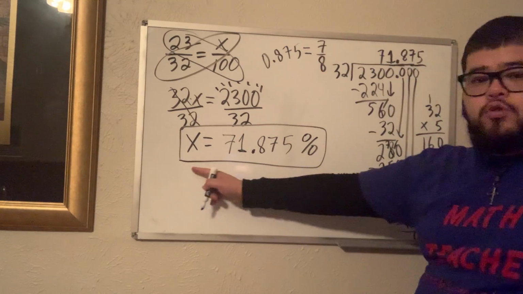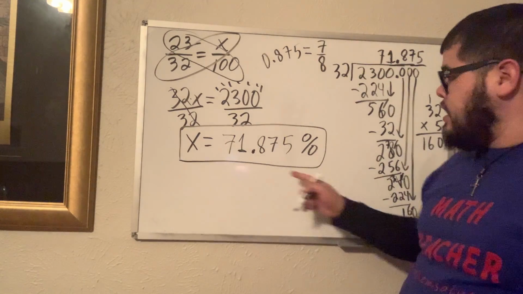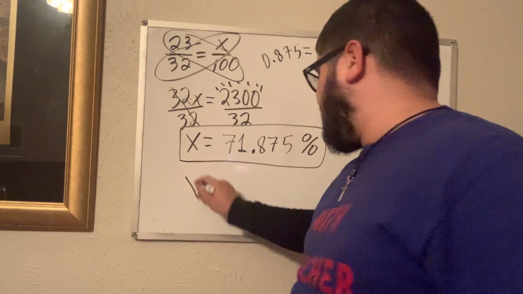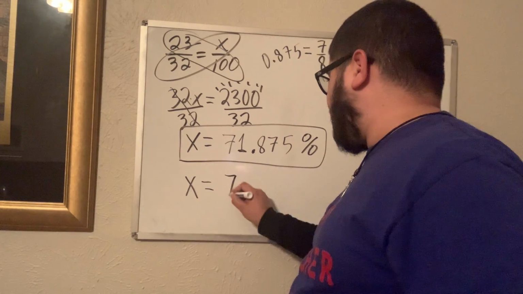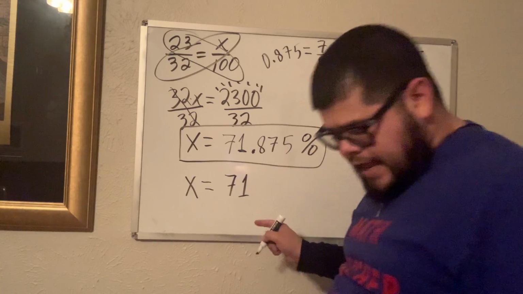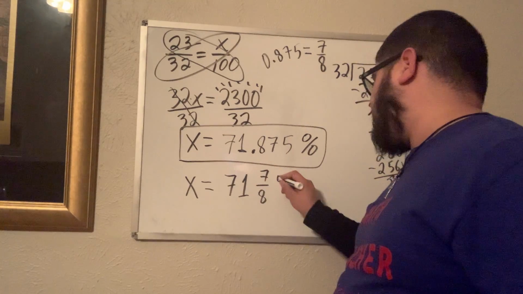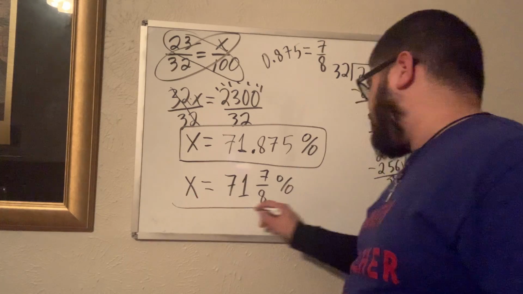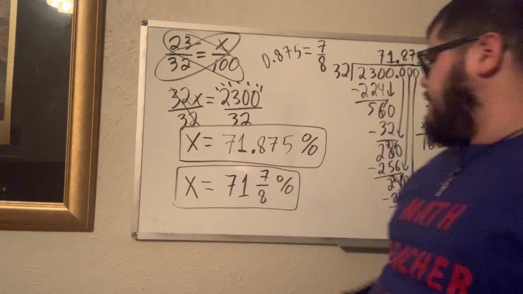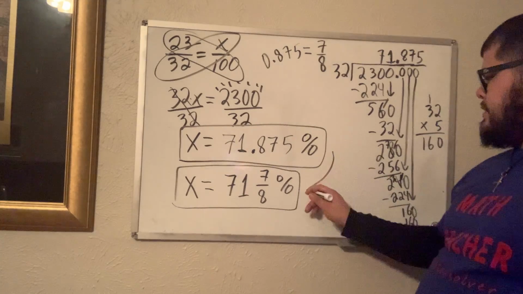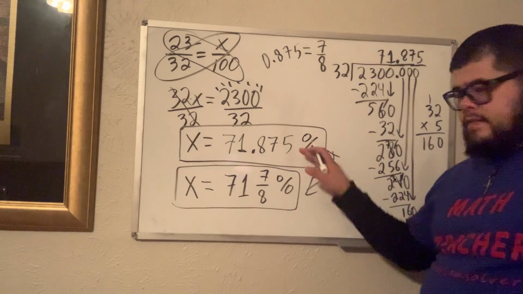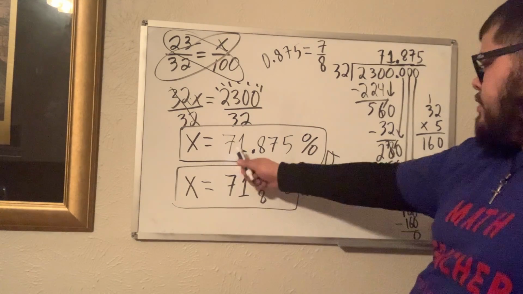And I want you to know that you can actually rewrite this as x equals 71 and 7/8%. Okay, I'm just giving you that little extra bit so that you can see that these two are the same exact thing.